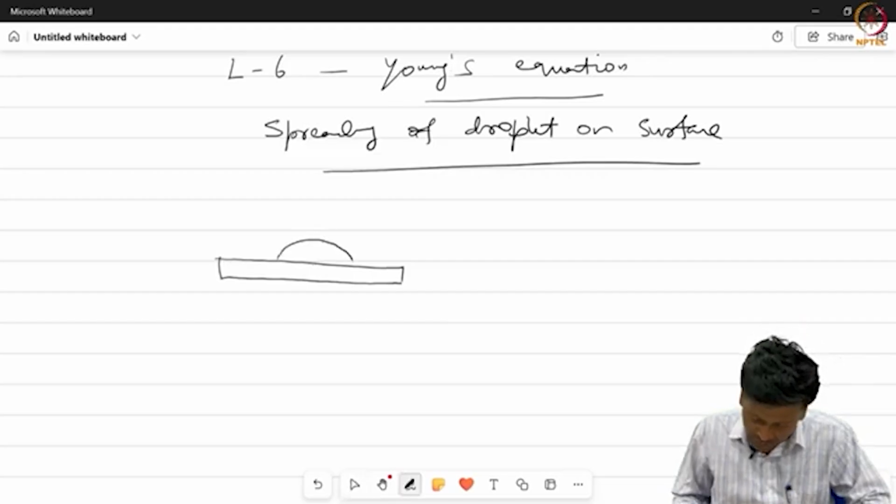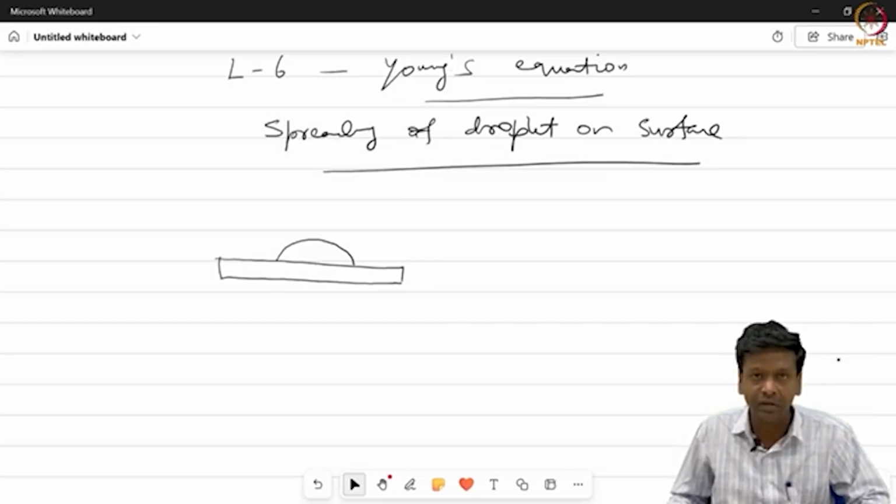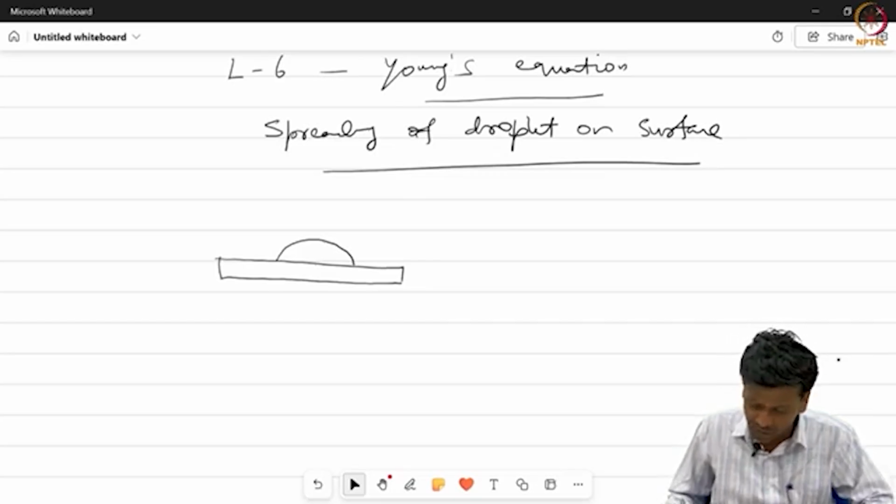So we are going to look at the importance of this equation in various applications. In this equation, we are going to look at the competitive forces, the various surface energies that exist when we spread liquid on the surface.